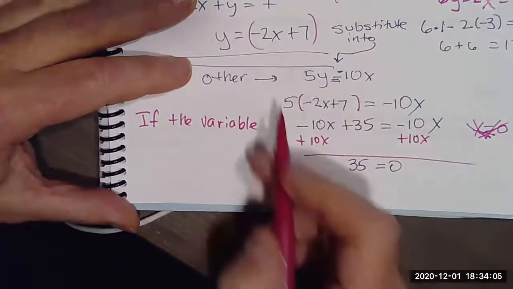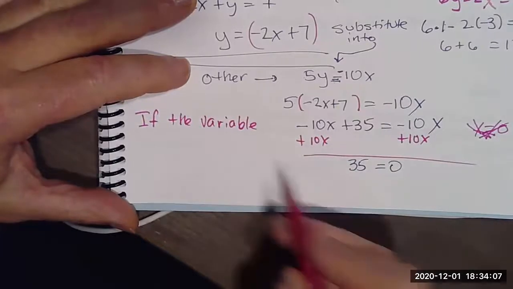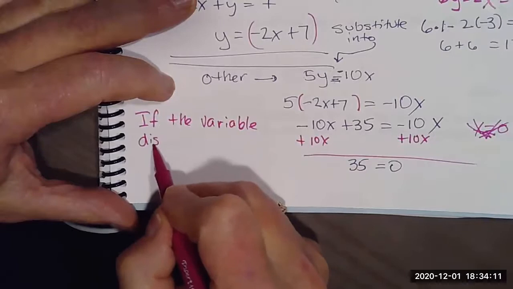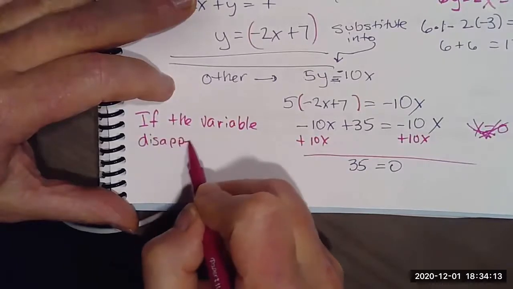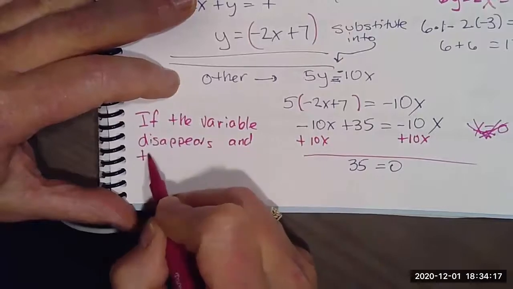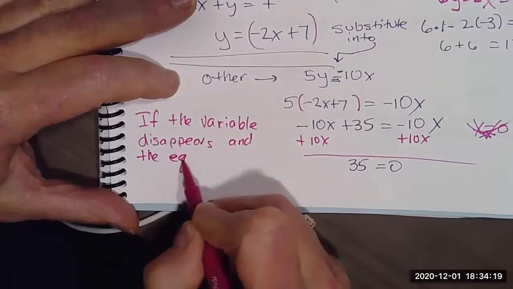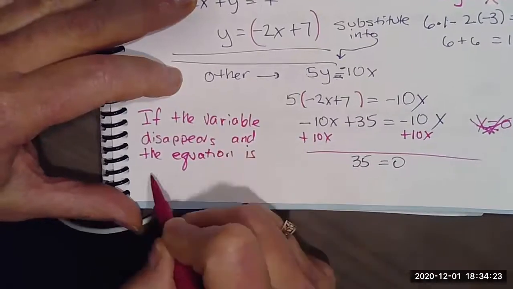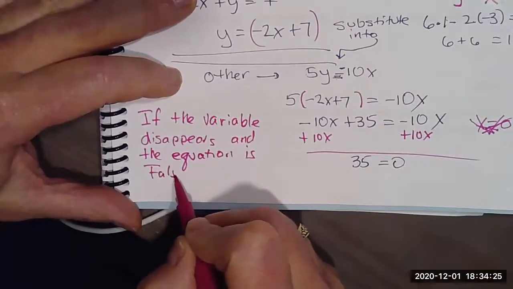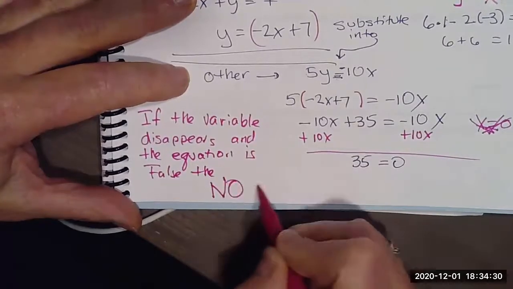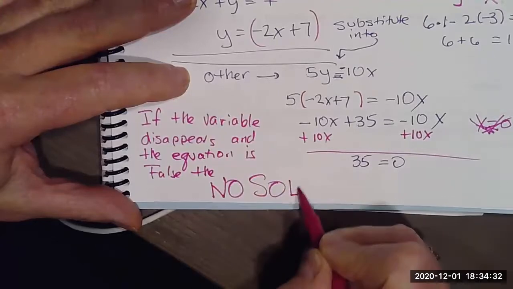If the variable goes away, let's say it disappears, and the equation is false, then no solution.